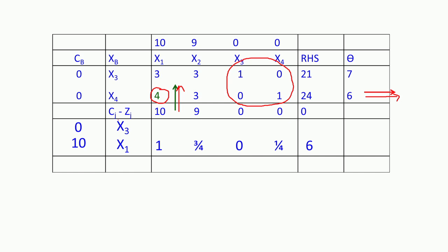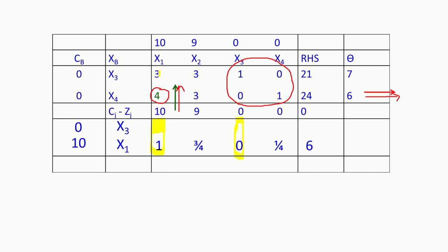Now here x3 and x1 represent our solution, so we should have an identity matrix under this x3 and under this x1. So I should have a 1 here and I should have a 0 here, so that I get the identity matrix.